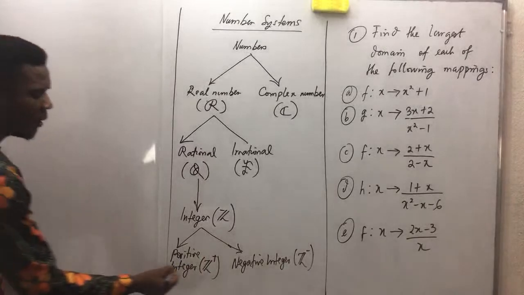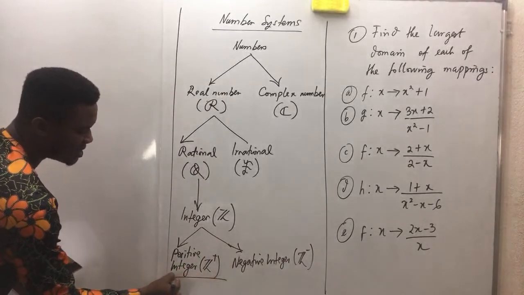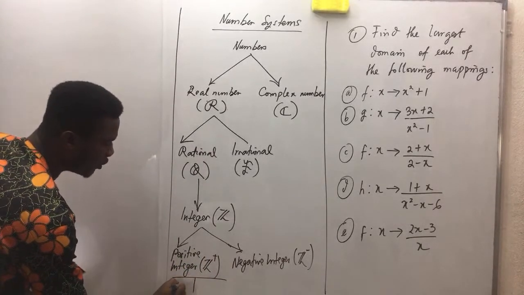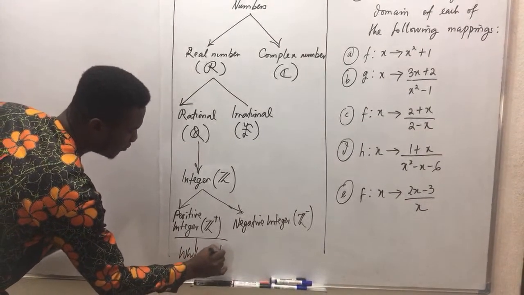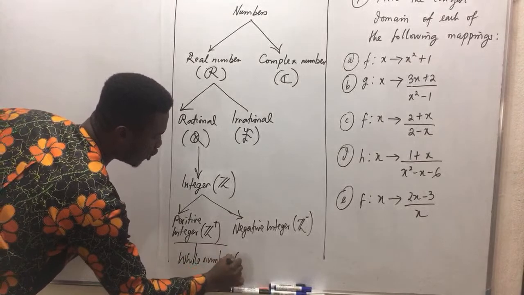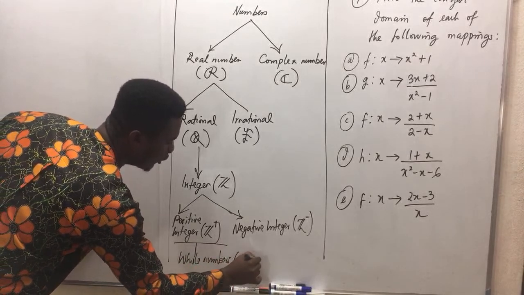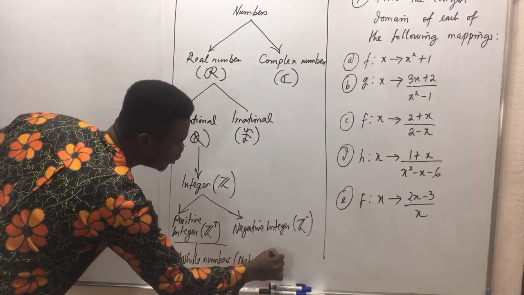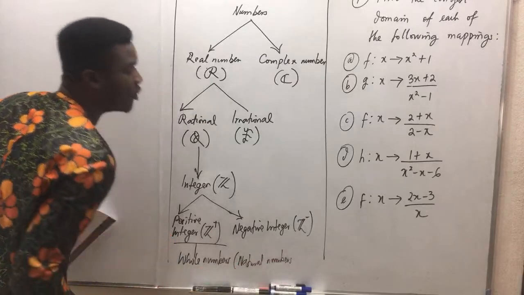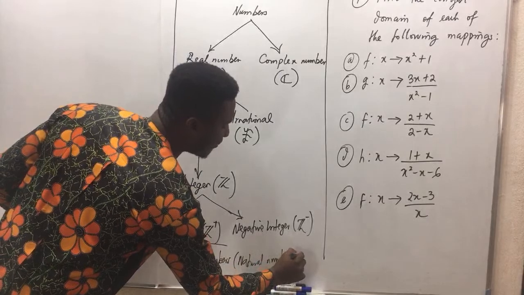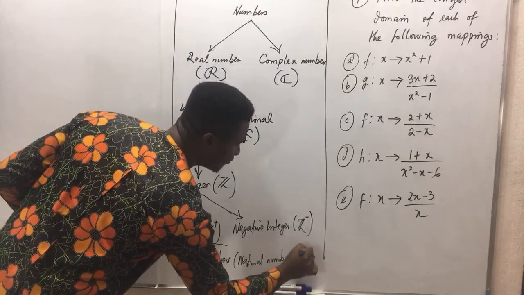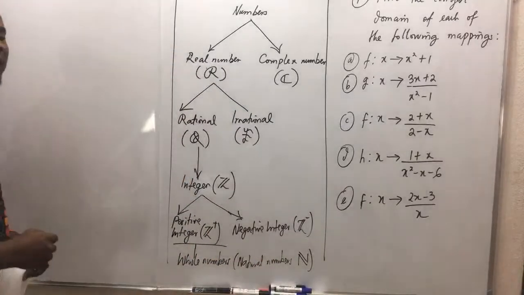Now, positive integers are usually referred to as whole numbers, otherwise called natural numbers. Okay? So positive integers are whole numbers, or called natural numbers, and they are denoted by this type of N, conventionally all over the world.